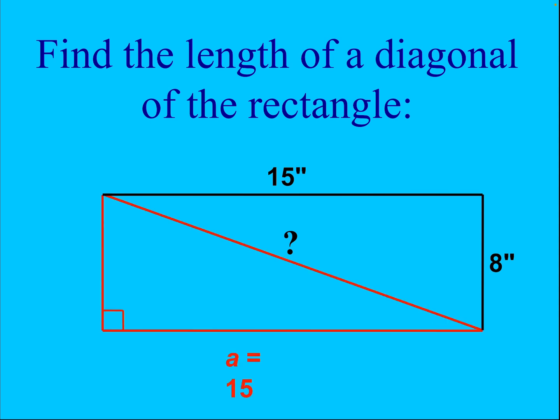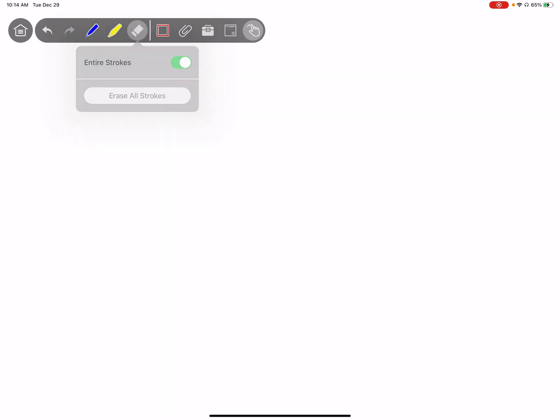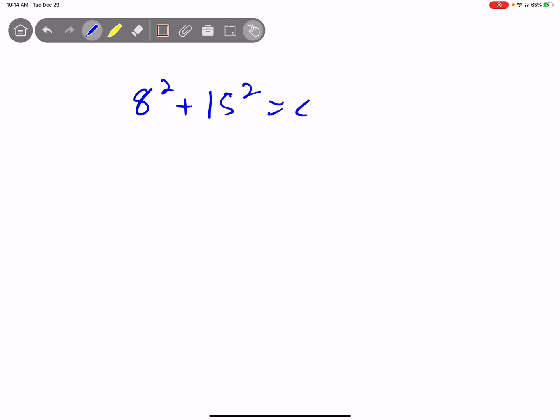So if I do that, tell you A is 15, I tell you B is 8, let's solve for C. Let's write this one out. So we have 8 squared plus 15 squared, and that gives me C squared. 8 squared is 64, plus 15 squared is 225, and that equals C squared.